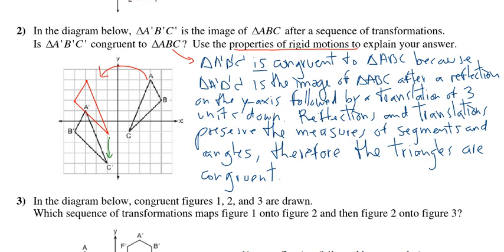So here we have mentioned the properties of rigid motions, which were required as part of the explanation. Okay, so that's how we work with the properties of rigid motions in order to show that the figures are congruent.